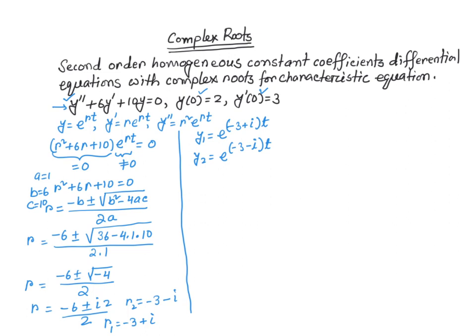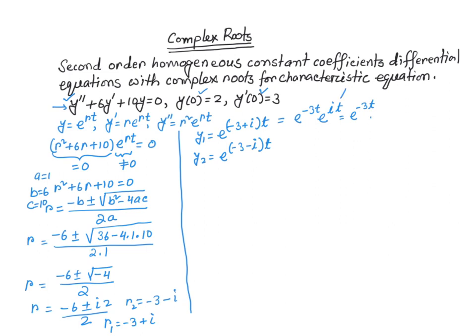So if I simplify it, let's go ahead and write it out. This is going to be nothing but e to the power negative 3t times e to the power it, right? So that's going to be e to the power negative 3t times cosine of t plus i sine of t.